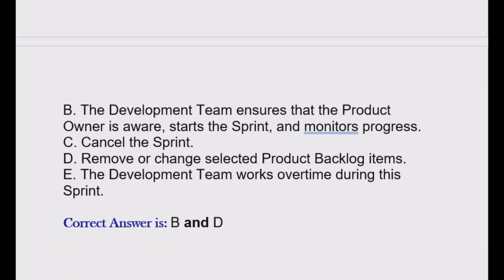Option B, the development team ensures that the product owner is aware, starts the sprint, and monitors progress. Option C, cancel the sprint. Option D, remove or change selected product backlog items. Option E, the development team works overtime during this sprint. Correct answer is option B and option D.